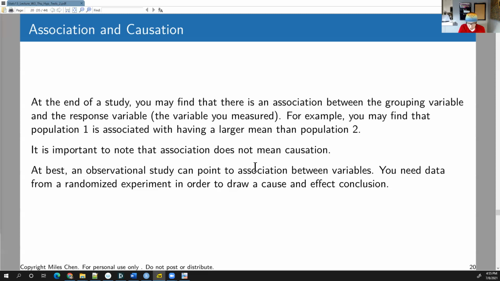If you want to make a cause and effect conclusion, you need to conduct a randomized experiment where you control these other aspects of variation. So just keep that in mind. The reading in the textbook, I think, is pretty good, covering this subject as well.